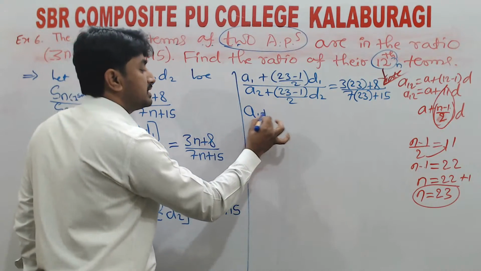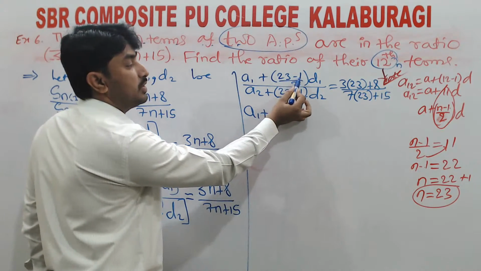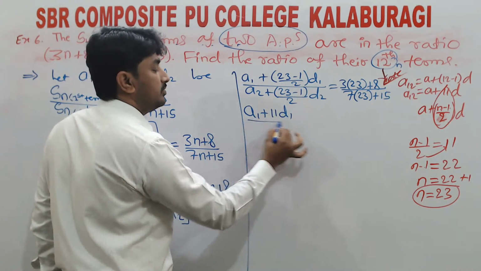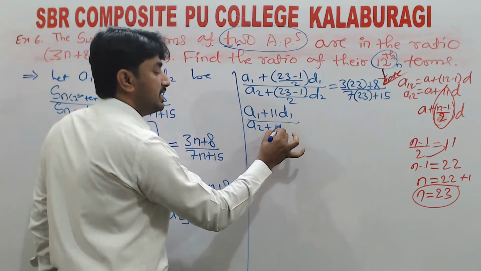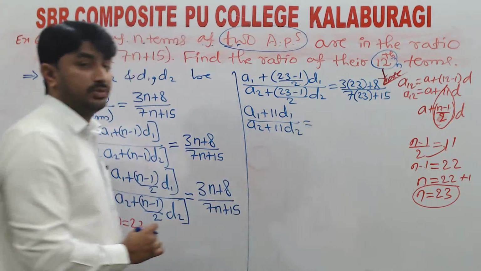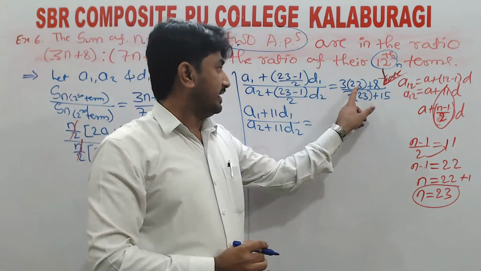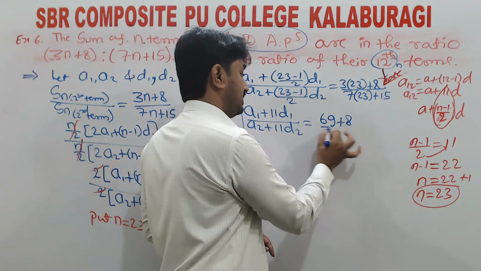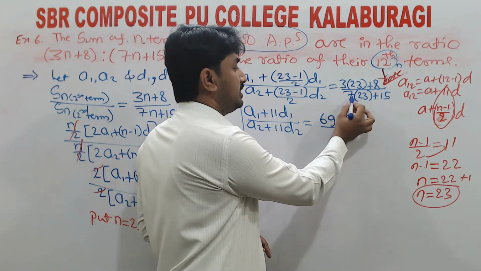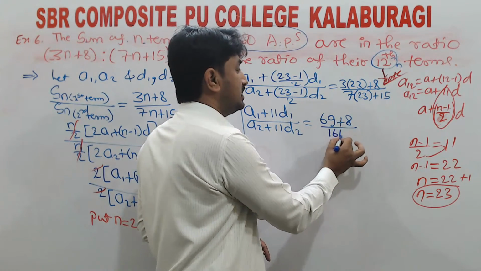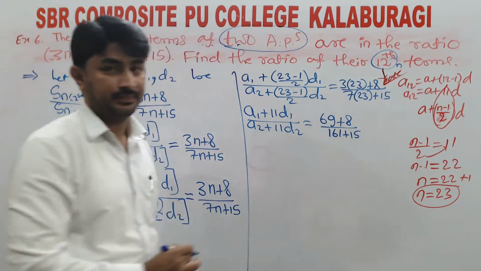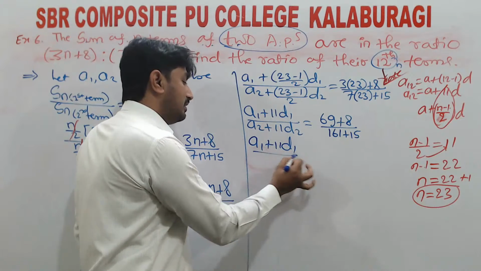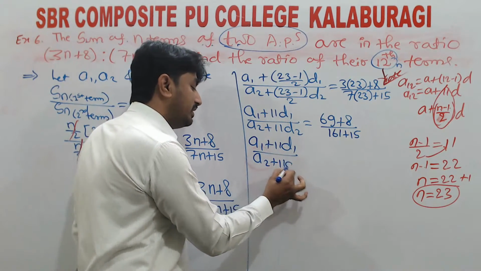Here a1 plus, here 23 minus 1 is 22, 22 by 2 is 11 d1, and a2 plus 11 d2 is equal to, here 23 into 3, it is 69 plus 8, divided by, here 23 into 7, it is 161 plus 15. Okay, now here a1 plus 11 d1 divided by a2 plus 11 d2.